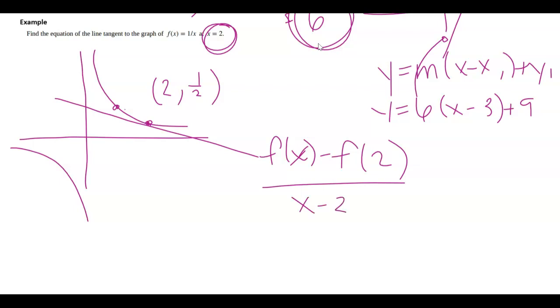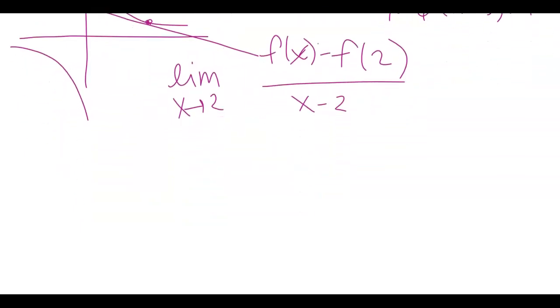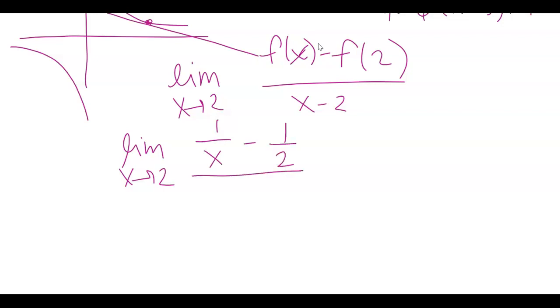So again, I'm finding slope, change in y over change in x, and then I want to get ridiculously close to 2. All right, so this is going to be the limit as x goes to 2 of 1 over x minus 1 over 2, all over x minus 2.